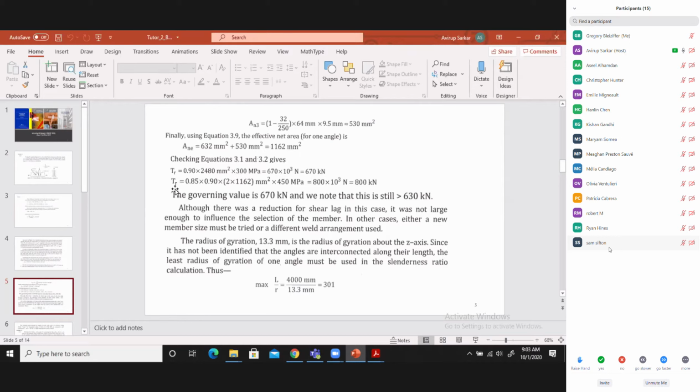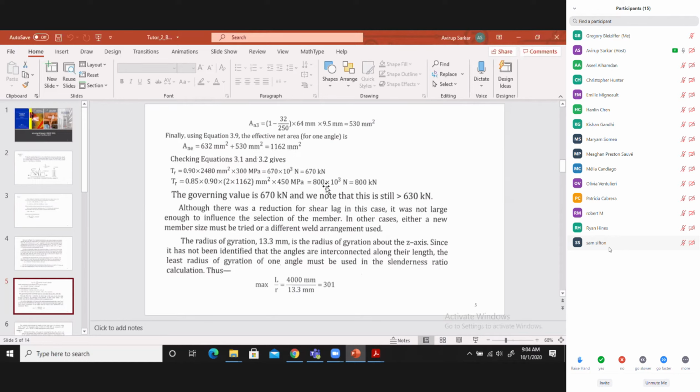While for the other case, we are going to use the area of the welding, which is effective. That is 2 times 1162, because this calculated area 1162 was for one particular leg. So for two legs, we need to multiply by 2 and then multiply by the factored ultimate strength.